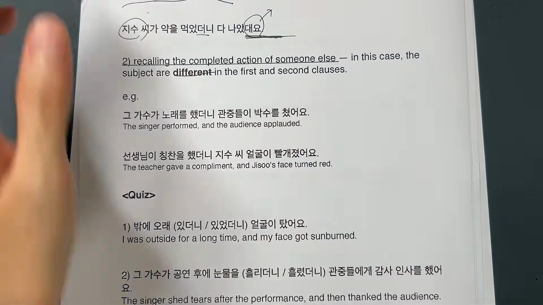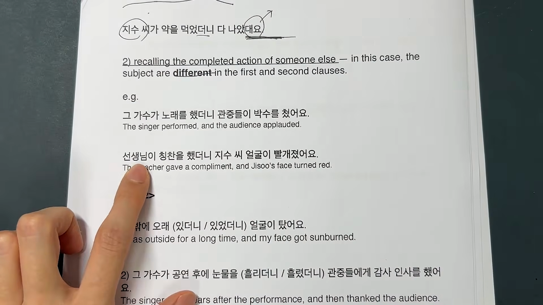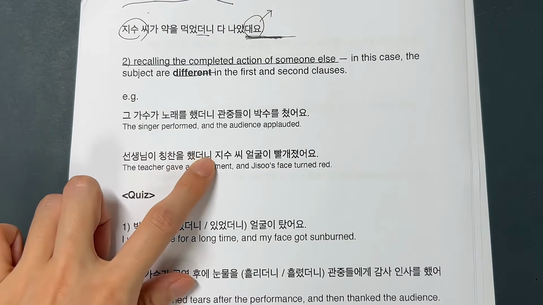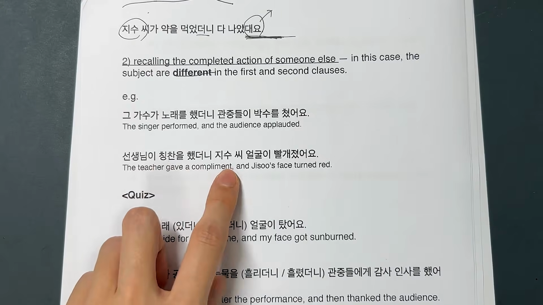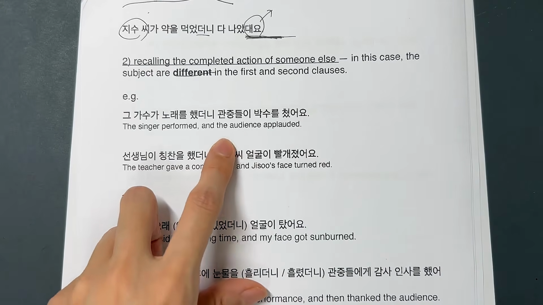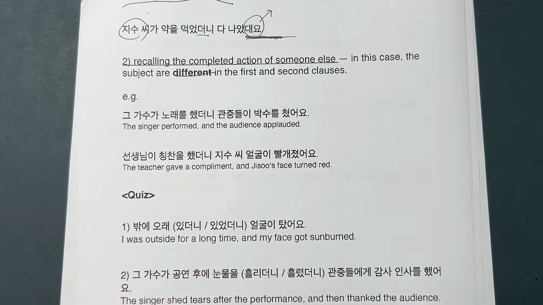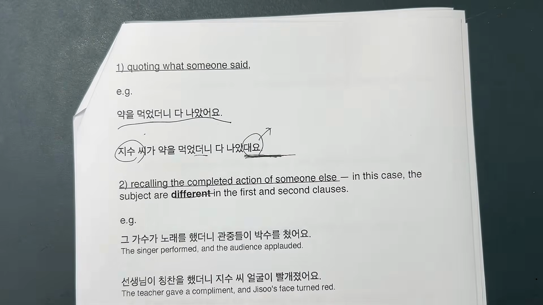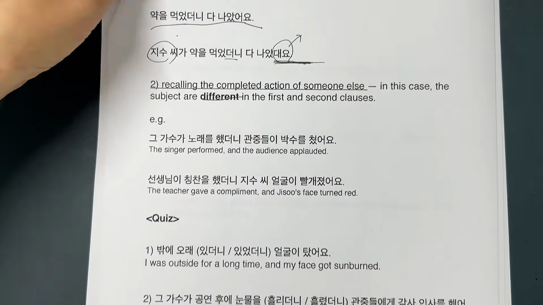The audience applauded, the audience clapped. 선생님이 칭찬을 했더니, the teacher gave a compliment, and another person, which is 지수, 지수 얼굴이 빨개졌어요. Jisoo's face turned red. So these two are the cases where 았/었더니 can be used with the third person subject.